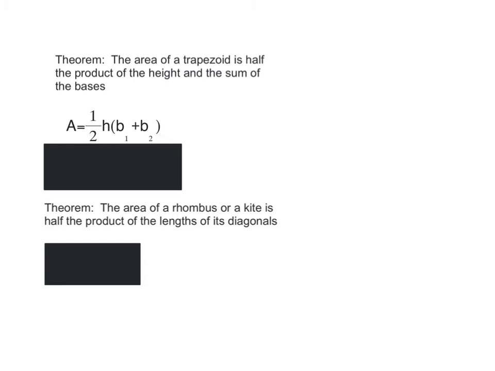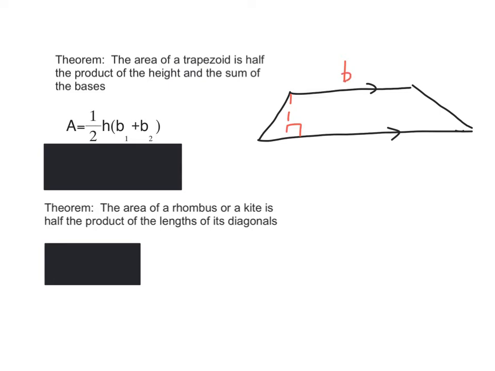So if I draw my trapezoid, and we're not necessarily talking about an isosceles trapezoid, any trapezoid here, so parallel, parallel. And so again, my height, I drop it down. Okay, and if I call this up here base 1, this base 2, and this the height, so my area is exactly that.